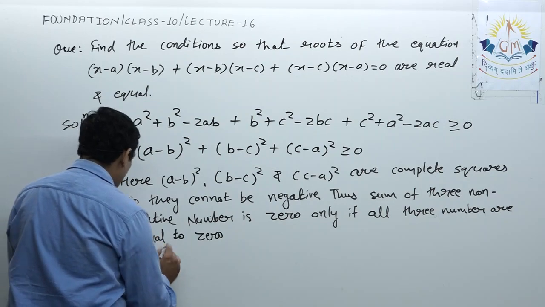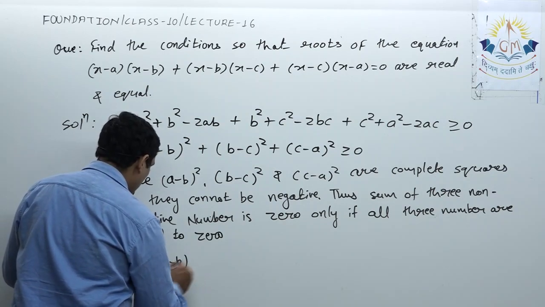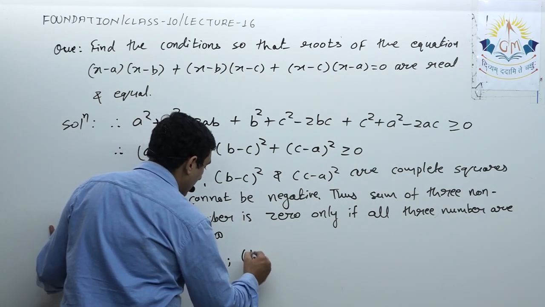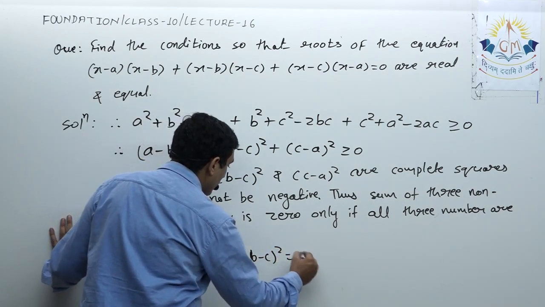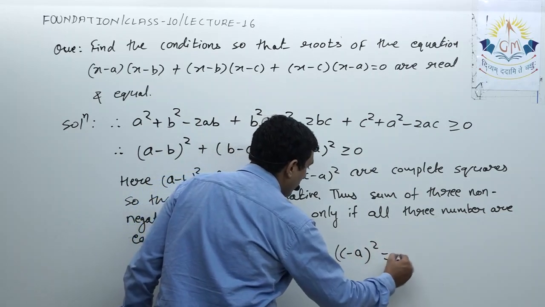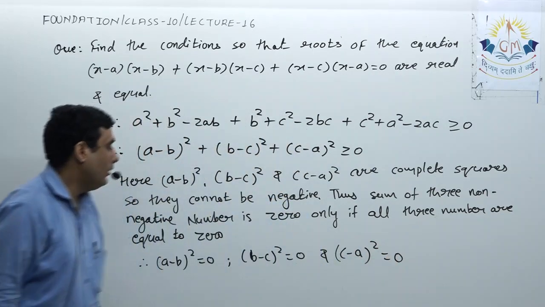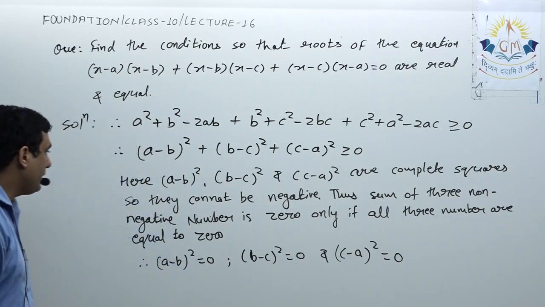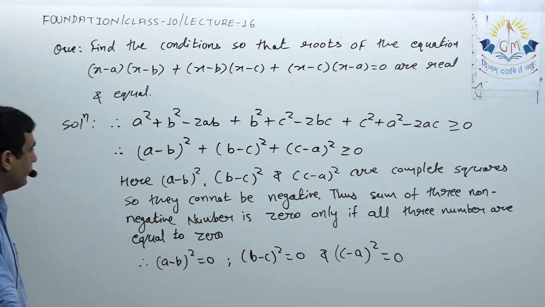Therefore I can say a minus b whole square is equal to 0, b minus c whole square is equal to 0, and c minus a whole square is equal to 0. So that is almost our answer. Just note it down. Two more steps are left. Note it down up to this point.